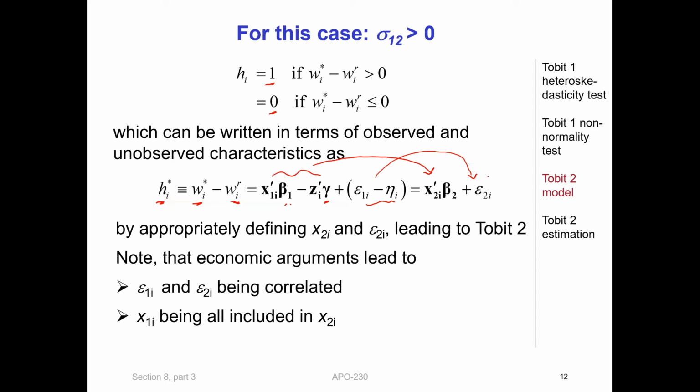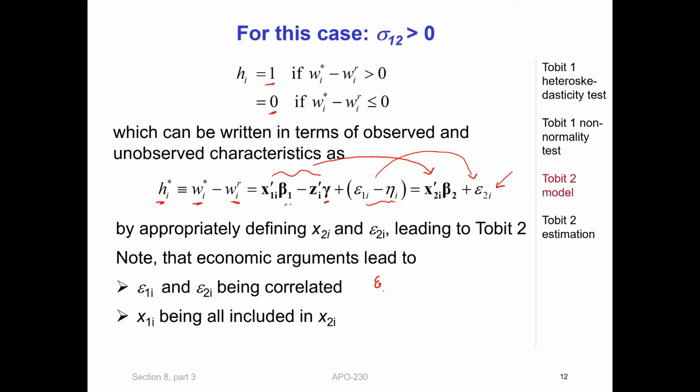Because this is the equation of participation that we've seen before. But writing the equation in this way helps us to realize also two things. Epsilon 1i and epsilon 2i are correlated. Why?